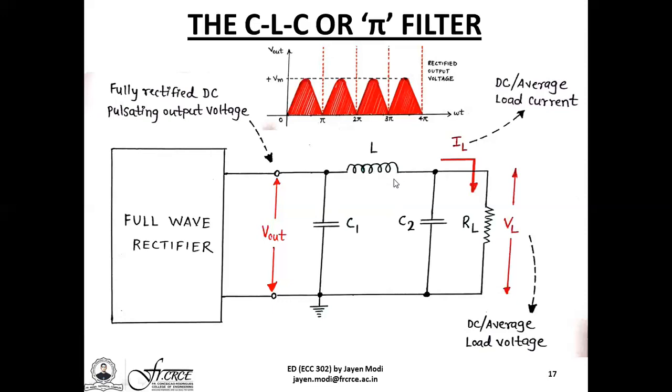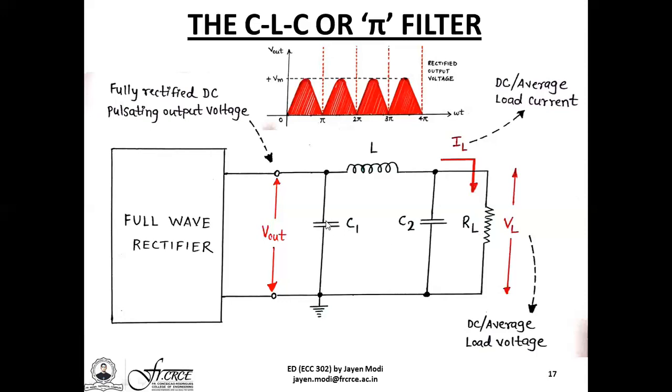So once the signal reaches the capacitor C2, any AC component which was not bypassed through C1 or which was not blocked by L is finally bypassed down to ground through the very low reactance offered by capacitance C2. So what we have is a DC voltage finally appearing across the load resistor RL.